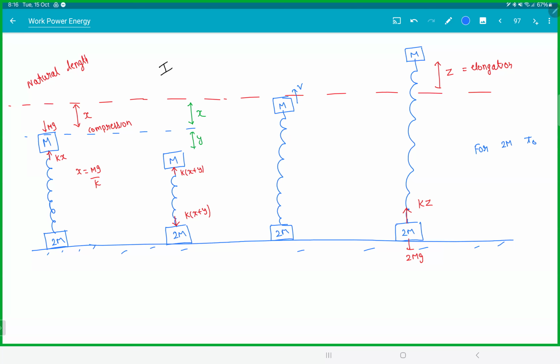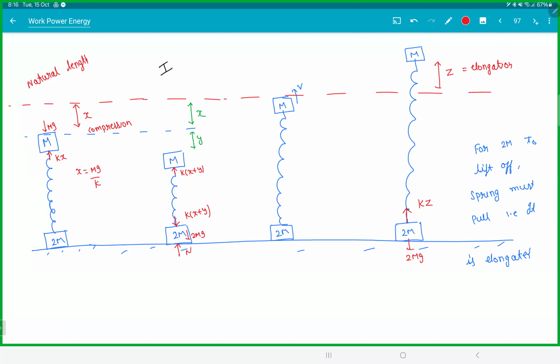For 2m to lift off, the spring should pull. That means it must be elongated, not compressed. Because if the spring is compressed, look what happens: the weight is also pushing down, the spring force is also pushing down, so N will not be 0.